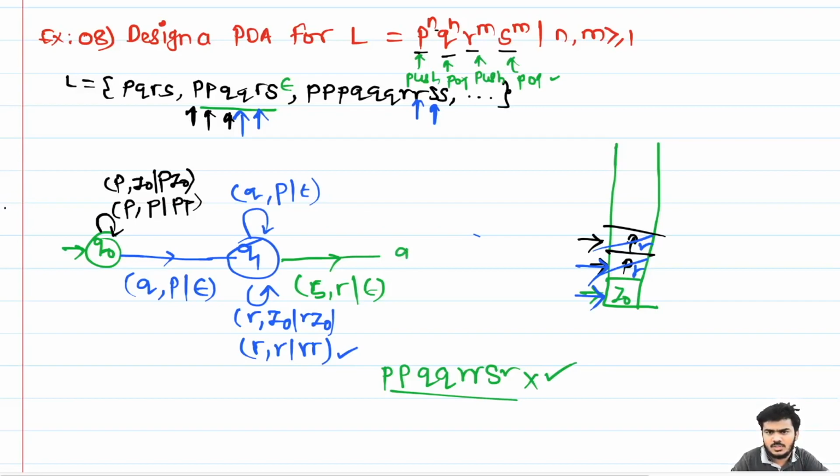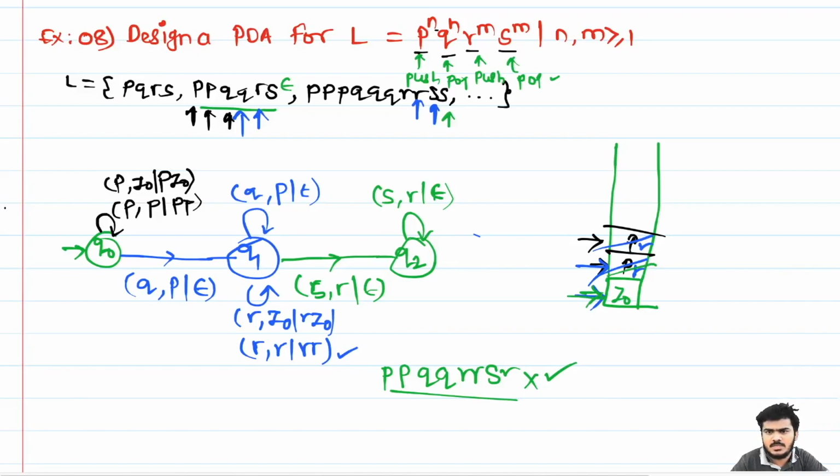Now we came to the Q2 state, and here also, if we get more S as input and we have R as the top of the stack, then we will do the same transition, that is, when input is S and top of the stack is R, we have to pop that thing. So I have popped that thing, and finally I have popped this R and I have updated my top pointer.